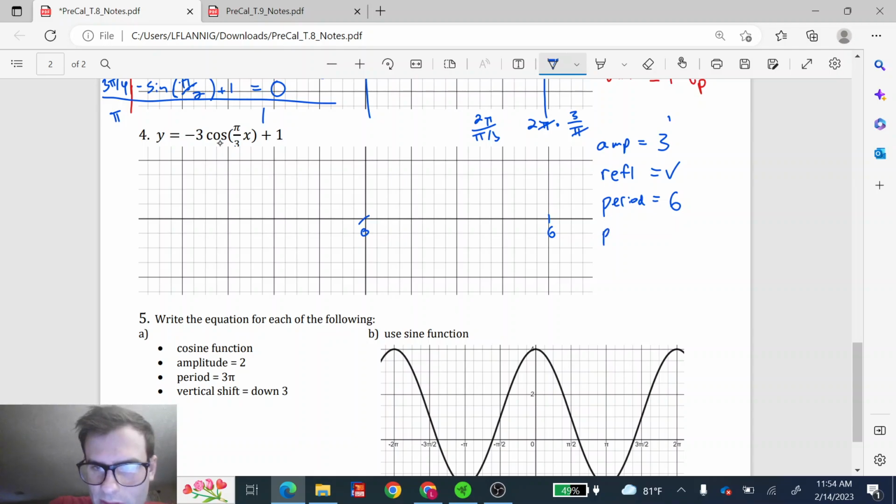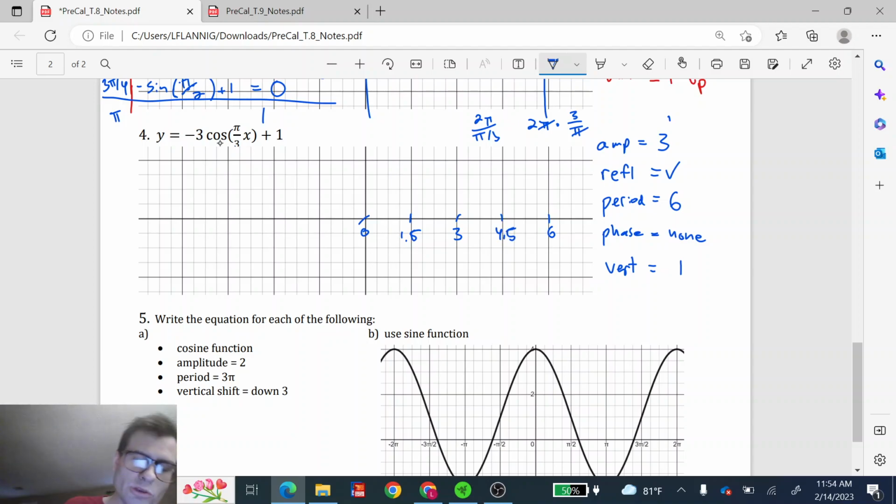We know the phase shift is C over B. There is no C, so none. And the vertical shift, that's just 1 up. All right, let's look. So half of 6 is 3. Half of that is 1.5. And 3/4 of 6 is 4.5. So those are the numbers you're going to use.